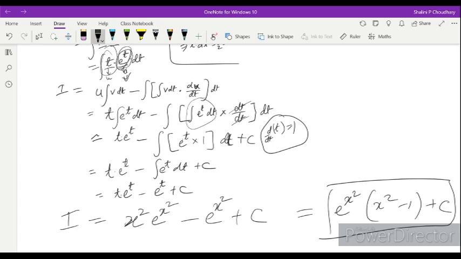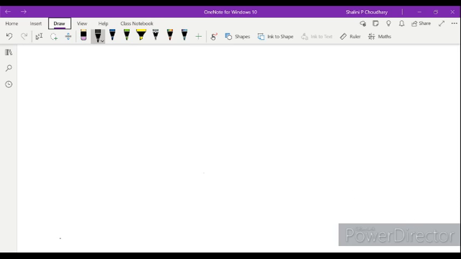Okay. Now, the next formula that we are going to cover is based on differentiation. But first of all, we'll see the formula. It is integral of e to the power x into f of x plus f dash x, where f dash x is the derivative of f of x with respect to x.